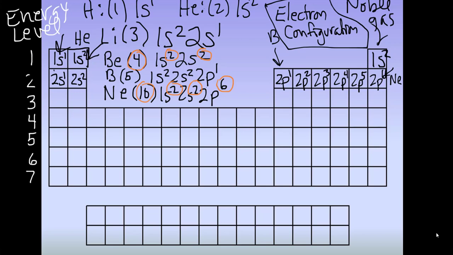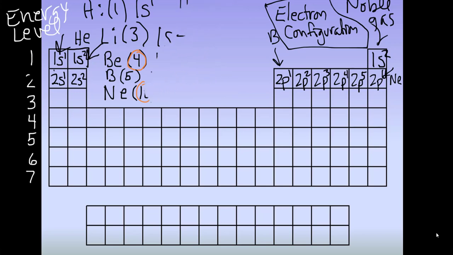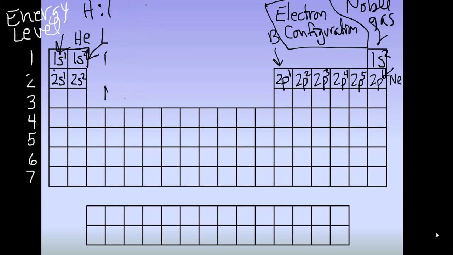So they're going to be pretty long. But let's go ahead and plug through and let's do some more. So I'm just going to clear up some room here so I have some room to write. So again, these are called electron configurations, and it tells exactly where every electron is in the element.